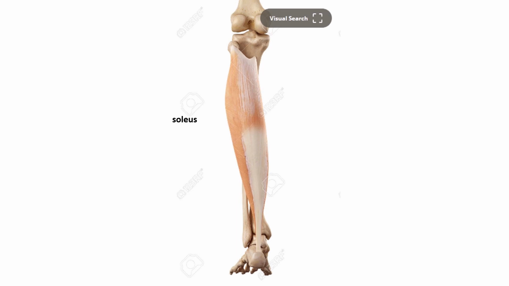The answer is no. It is deep to the gastrocnemius muscle. And if I look at the upper end, I can see that it is taking origin from the posterior surface of upper end of tibia and from the head of fibula.